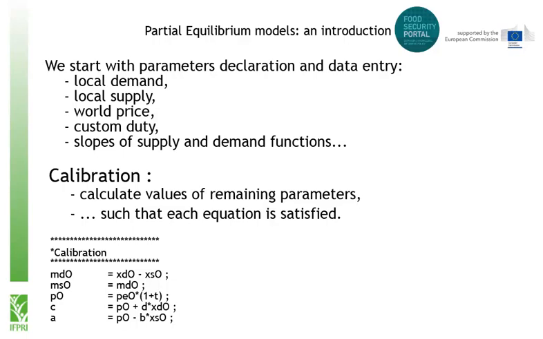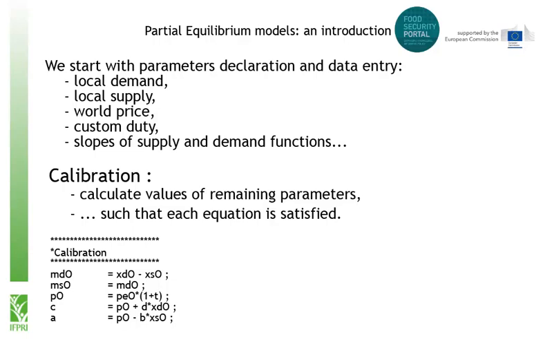So by typing this, you are sure that you give value to C, and also that the equation will be initially satisfied, the equation consisting in the demand function for rice.